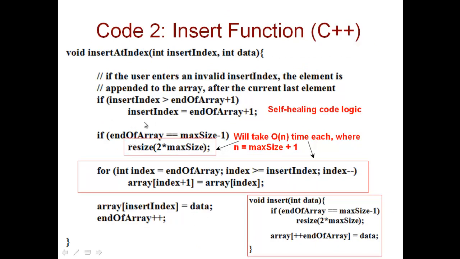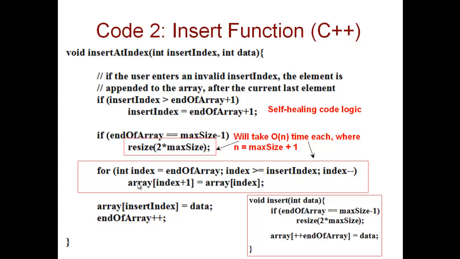We have to reassign insert index to a valid value and then resize the array if needed. But this for loop could be avoided if we want to insert at the end of the current array. So inserting at the end of the array is the best case scenario.